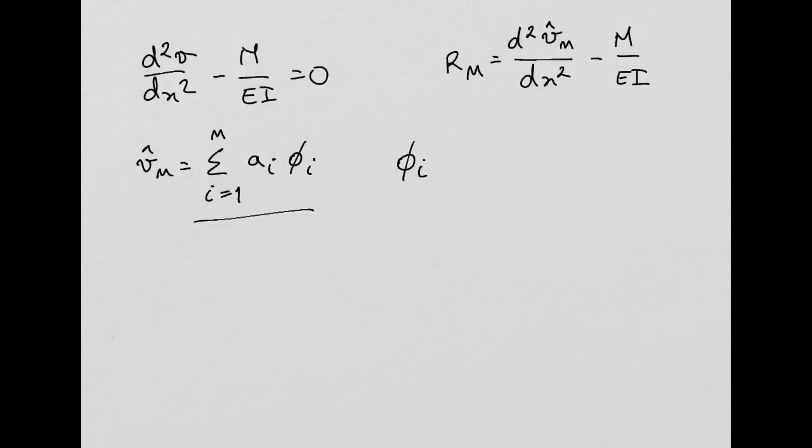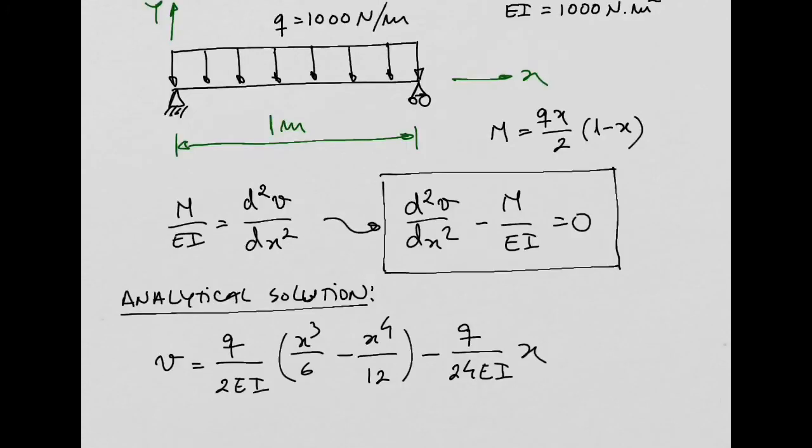For example, look at deflection equal to 0 for x equal to 0. These shape functions phi i need to give you 0 when you replace x by 0. So for the case of this beam, one boundary condition is deflection equal to 0 for x equal to 0, and deflection equal to 0 for x equal to 1.